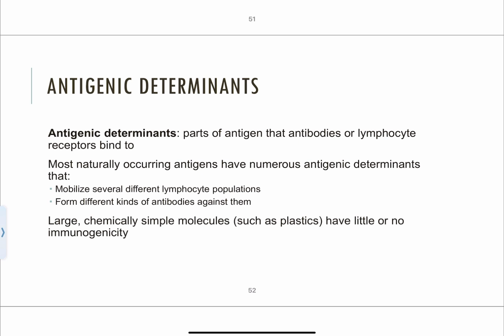Most naturally occurring antigens have not just one, but multiple antigenic determinants that can mobilize several different lymphocyte populations, as well as form different kinds of antibodies against them. Large, chemically simple molecules such as plastics typically have little or no immunogenicity.